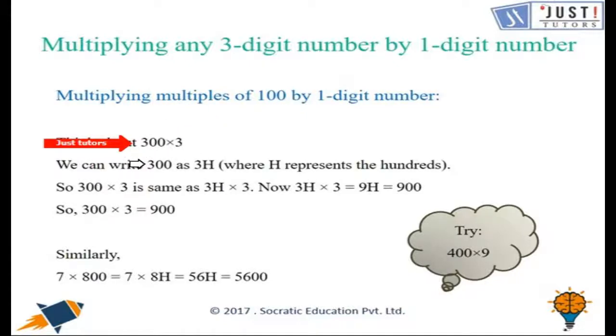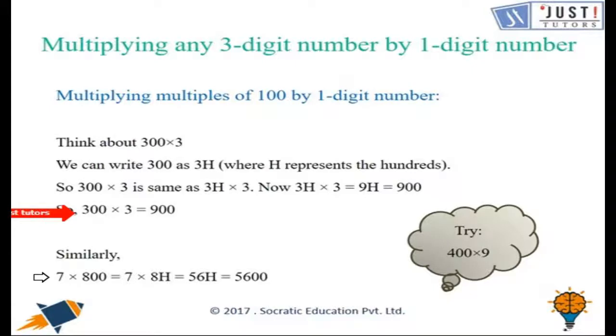We can write 300 as 3h, where h represents 100. Now 300 times 3 can be written as 3h times 3, which is equal to 9h, and as we already know that h represents 100, so 9h is going to be 900. Therefore 300 times 3 is equal to 900.